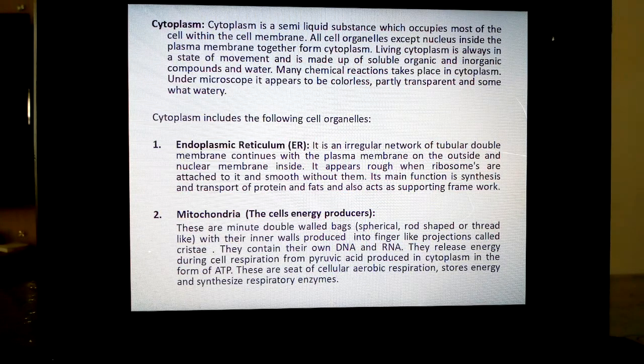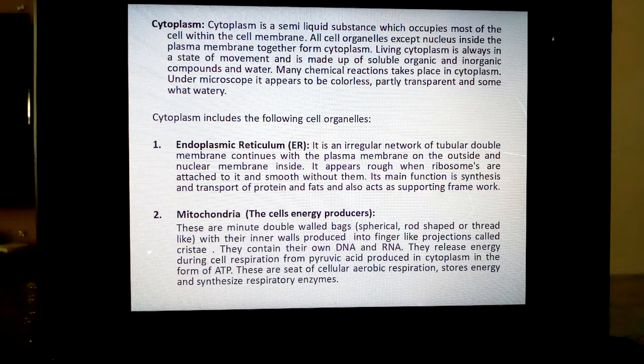That is, two layers are present, two walls are present. Children, there are certain structures like ribosomes and lysosomes. They are single-walled structures. There will be a question on this. Name certain organelles which are with double wall. Name certain organelles with single wall. Then you must mention endoplasmic reticulum, mitochondria.